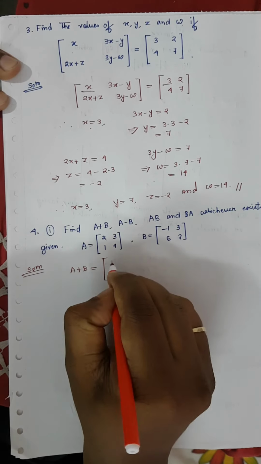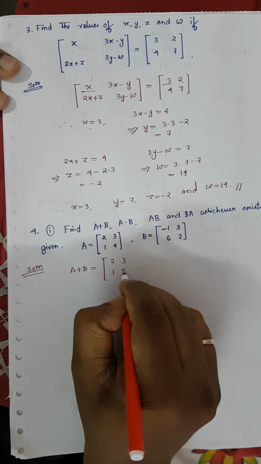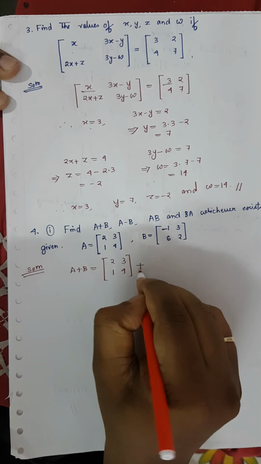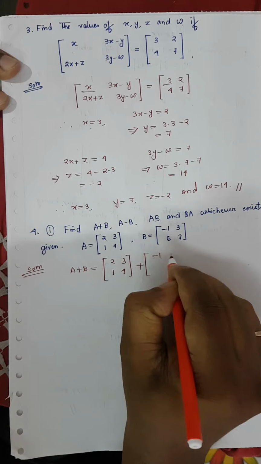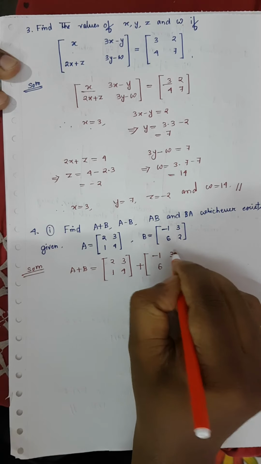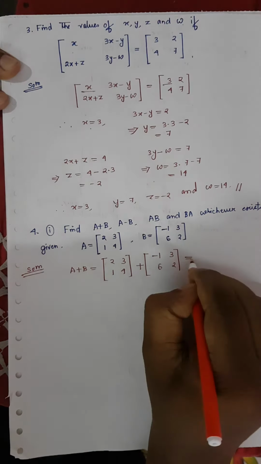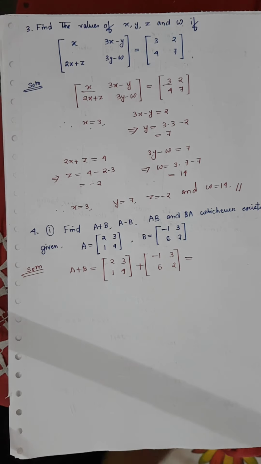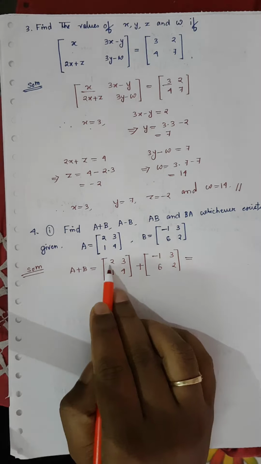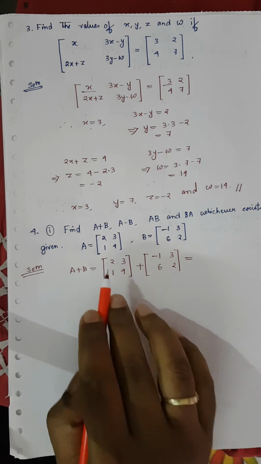This is 2 3 1 4 plus minus 1 3 6 2. We know, I have already told you in the video lecture, when I find the addition of two matrices, the addition takes place among the corresponding elements. Here the 2 and minus 1 are the corresponding elements.